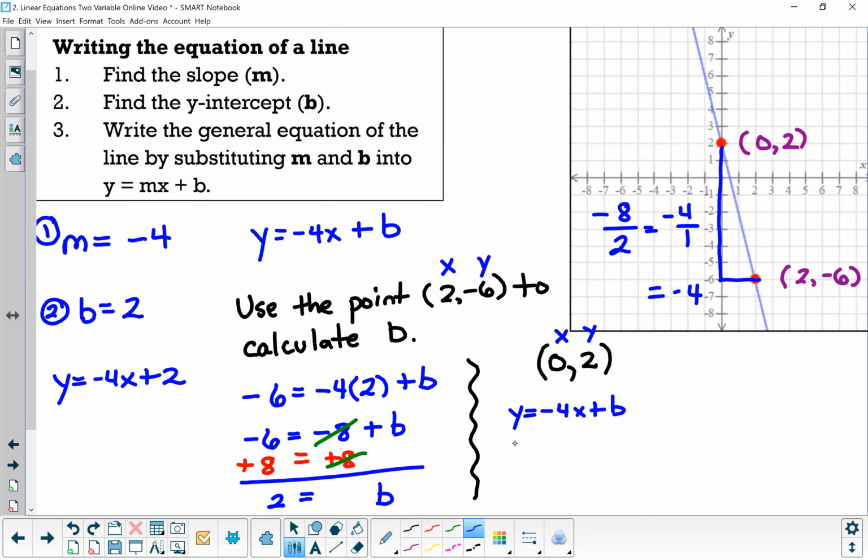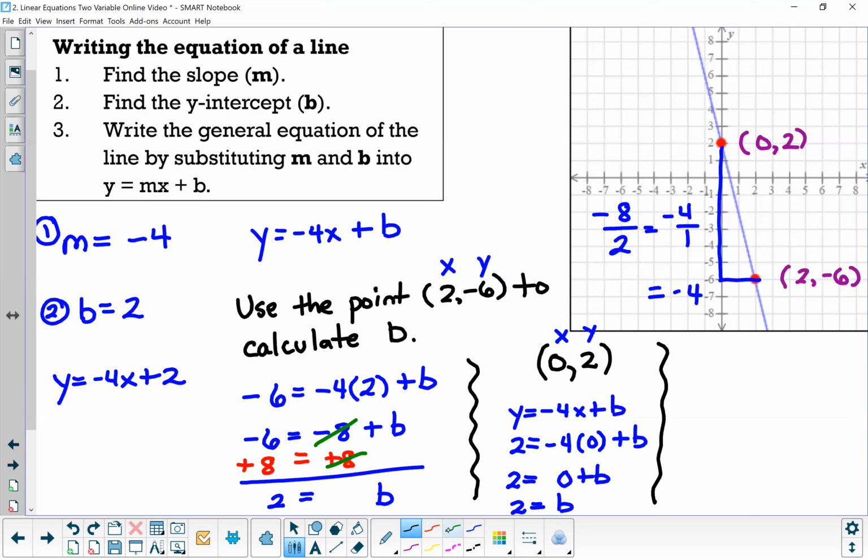So for y, I'm putting 2. I have -4, and then for x, I put 0, plus b. So this gives me 2 equals 0 plus b, or in other words, b is 2. So notice again, regardless of the point I had picked and used for x and y, when I went to calculate my b value, I still got 2. All right, I can try even a third point.